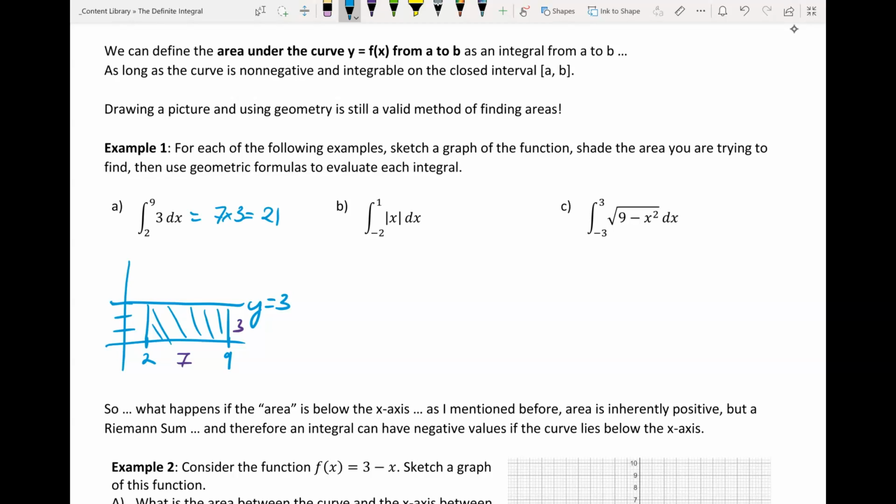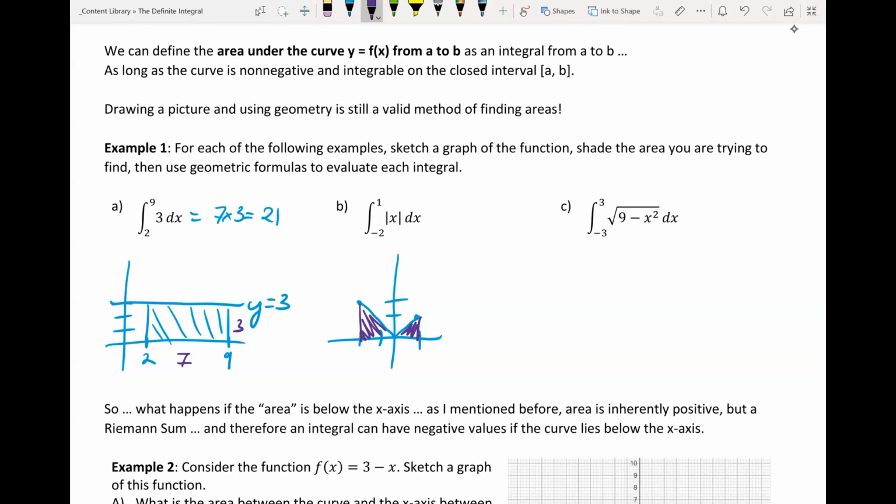For the next one, we have the absolute value. So again, I'm going to draw that out. We're going from -2 to 1. So that's your absolute value. But then we're going to close it off so we can find the area underneath the curve. And it's enclosed by the x-axis in both of these. And you're always going to assume that unless stated otherwise.